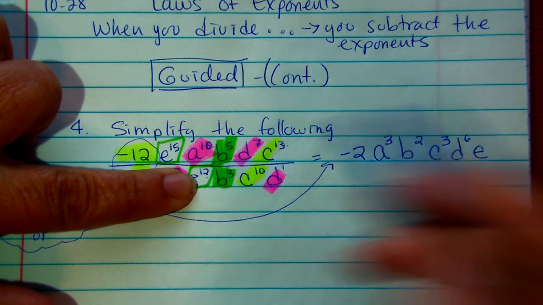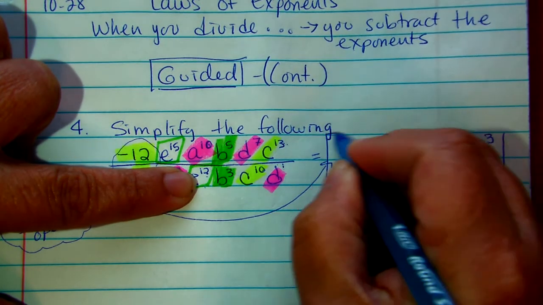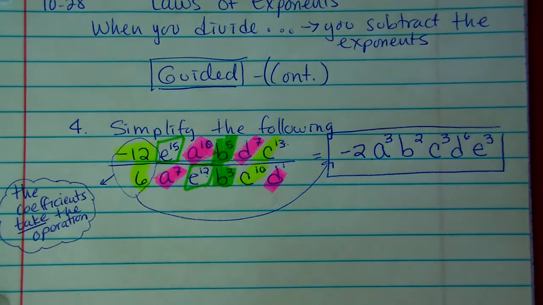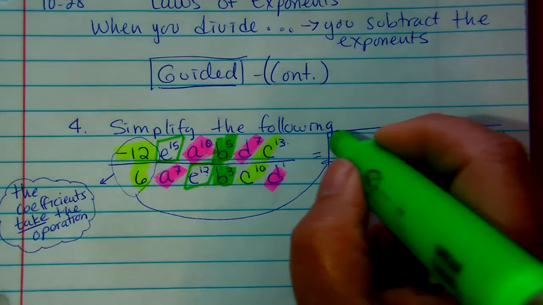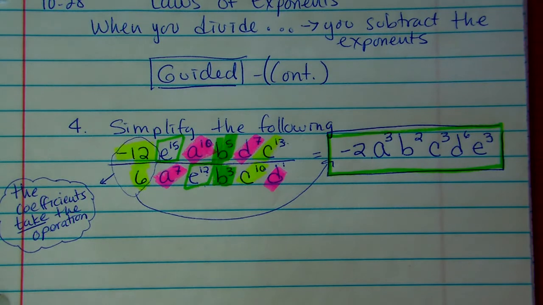Do the subtraction and it gives you 3. And this is the answer right here. All right? That was exercise number 4.